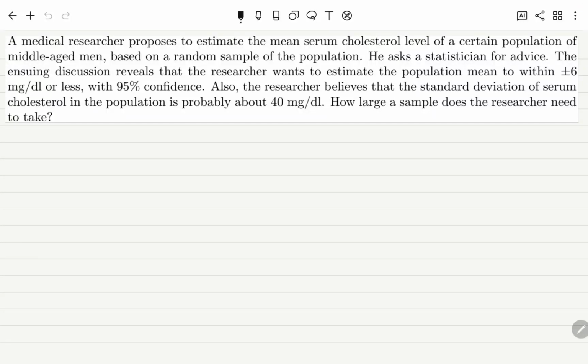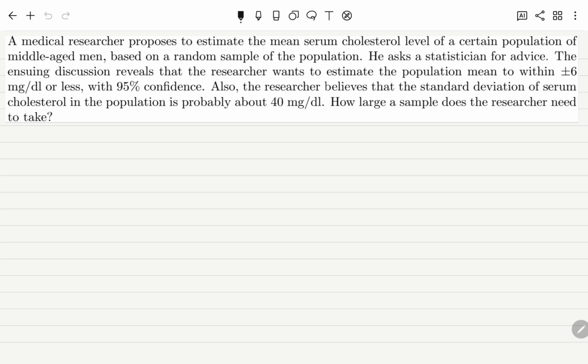Hi everyone. So here we have a question that reads, a medical researcher proposes to estimate the mean serum cholesterol level of a certain population of middle-aged men based on a random sample of the population. He asks a statistician for advice.